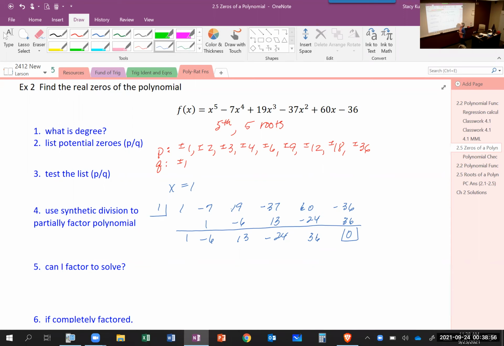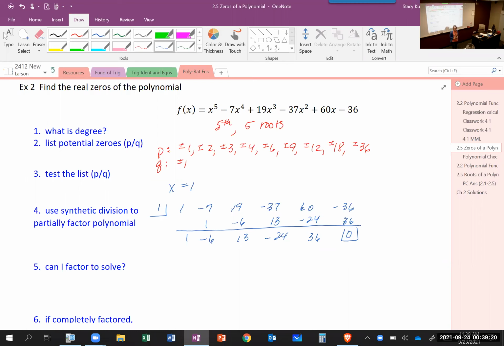Okay, so we can go back to our list here. And I can divide another number in. I don't have to divide it into this, because if I have a root, it would evenly divide into both the original one and this one, because they're all factors of each other. So go back to the original list of potential p's over q's.